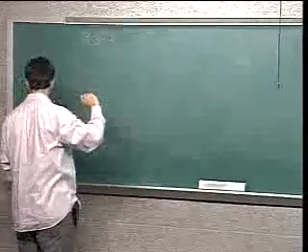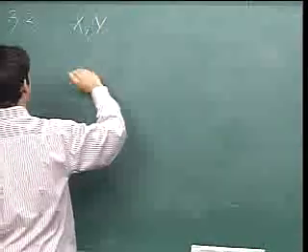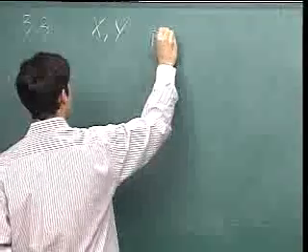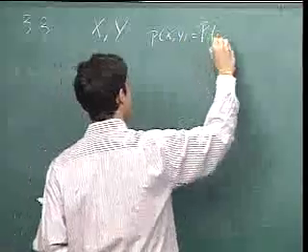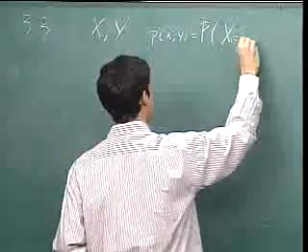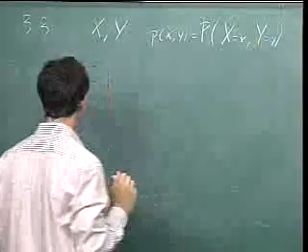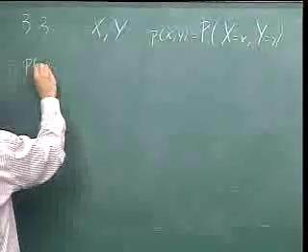So we have random variables x and y, and we have the joint probability mass function. So p_xy is the probability that big X is equal to little x and the probability that big Y is equal to little y. And we're given the following values.